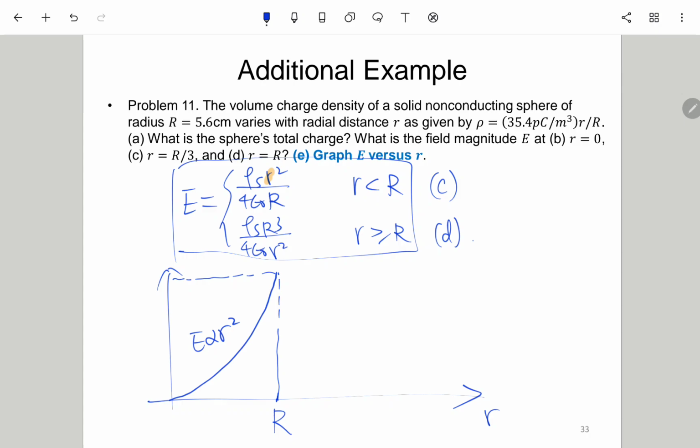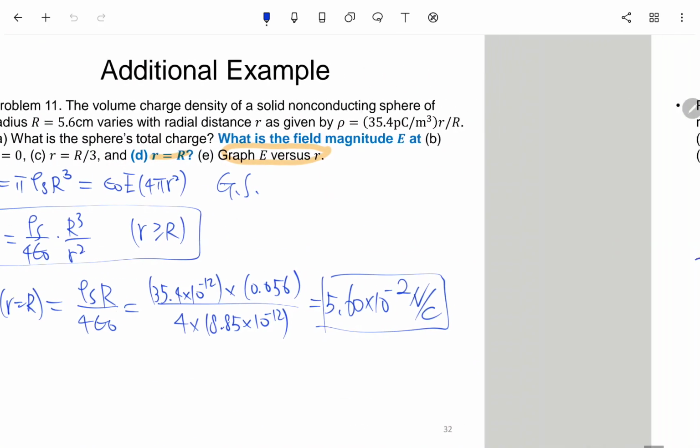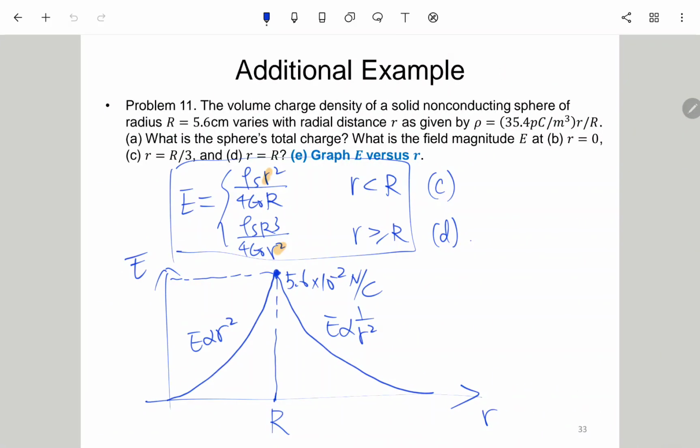And then finally this one will be inversely proportional to r squared, so it turns out to be something like that. This point will be 5.6 times 10 to negative 2 Newton per Coulomb. Okay, this point will be the maximum E field.